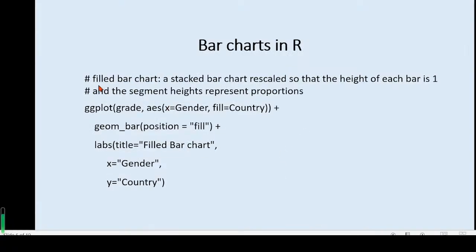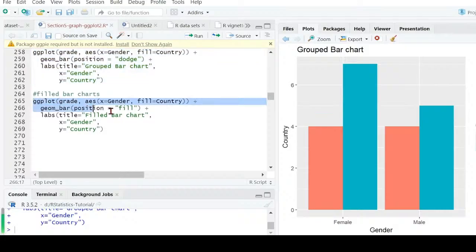And you can also use a filled bar chart. It is a stacked bar chart rescaled so that the height of each bar is 1. So the segment heights represent the proportions of each group. Here the aes is the same, gender is x, fill is country. Then in geom_bar, we set the position argument to fill. So this is the filled bar chart.